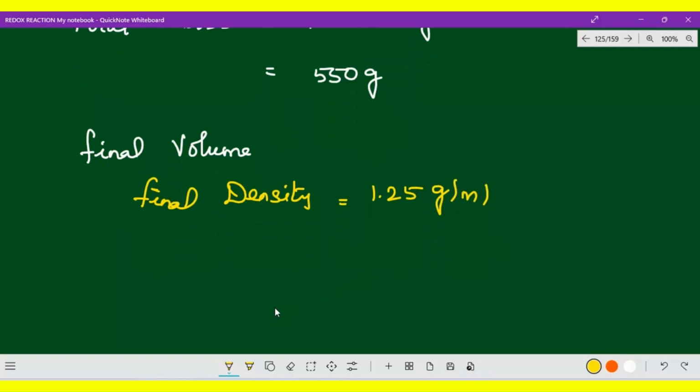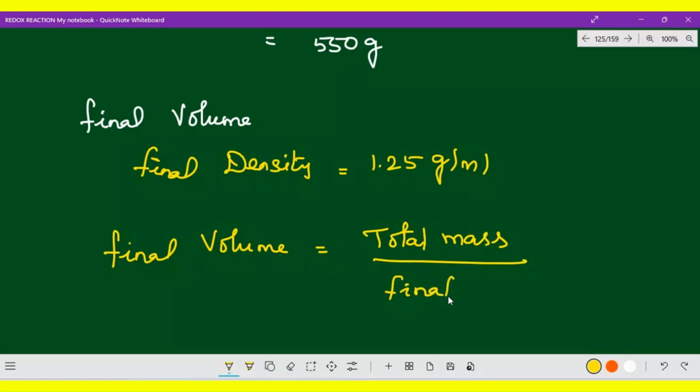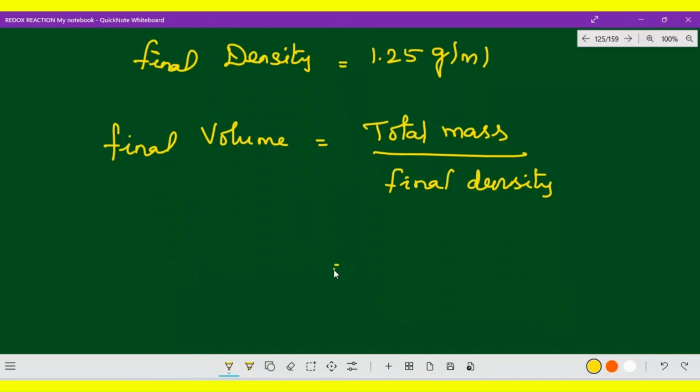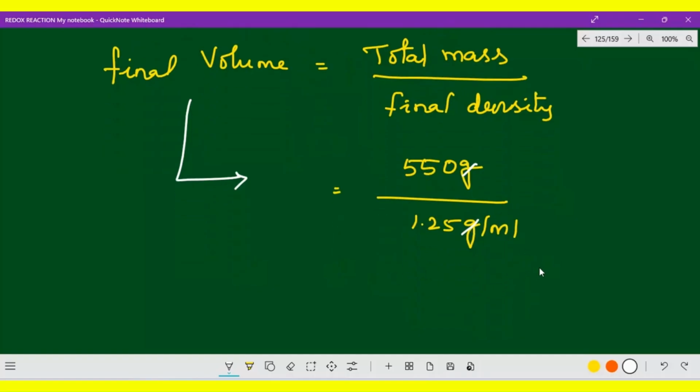Now the final volume is the total mass divided by the final density. So when you apply the values, the total mass is 550 gram divided by the final density 1.25 gram per ml. Gram and gram will be cancelled anyway, so only volume remains. When you calculate it, you will get 440 ml.